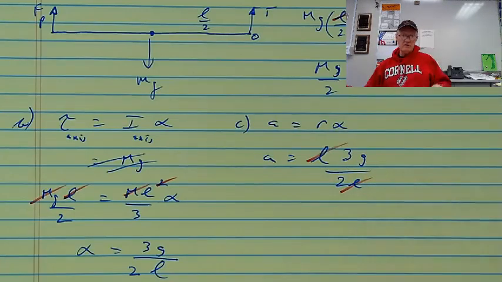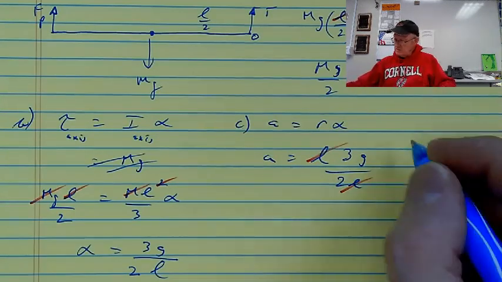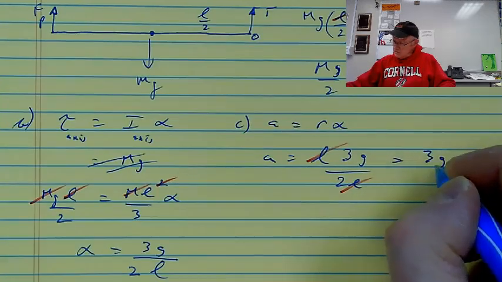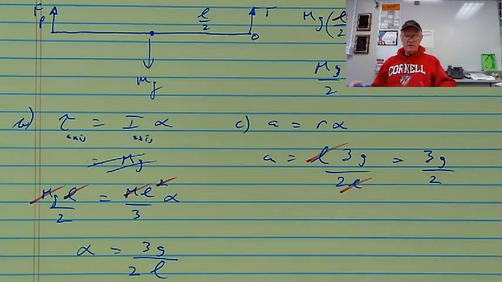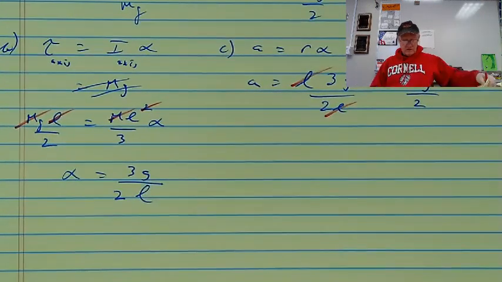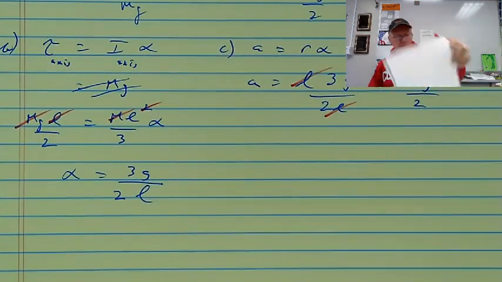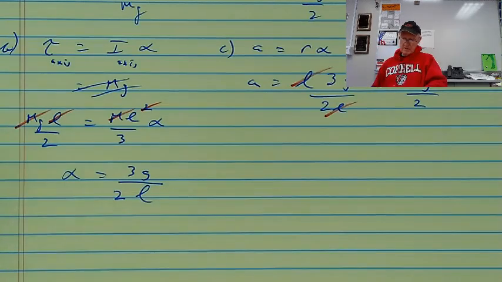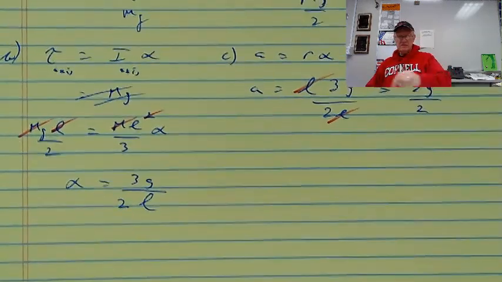The force exerted on the end of the rod by the axis. Okay, so here's the rod, and we're asking, once this thing releases, how much force is upwards by the rod? I think that's a bit of a puzzler. Would it go up?